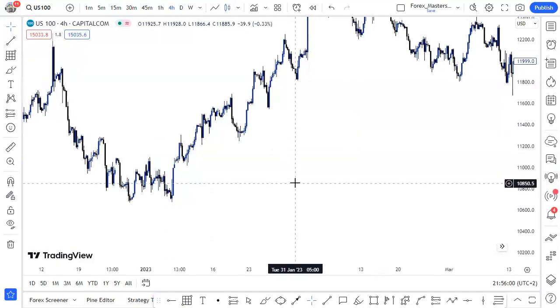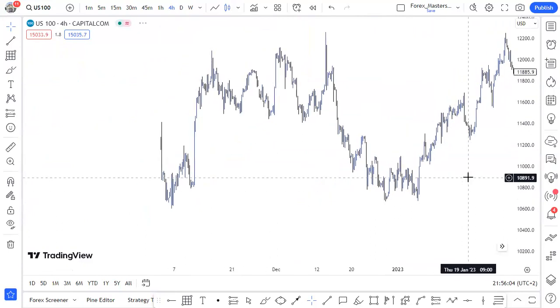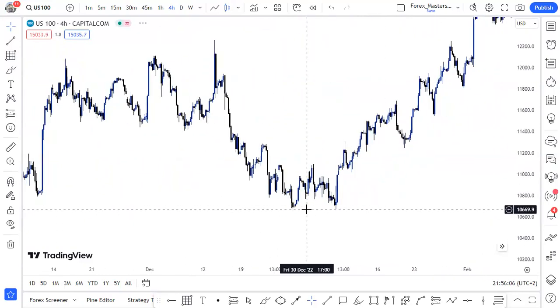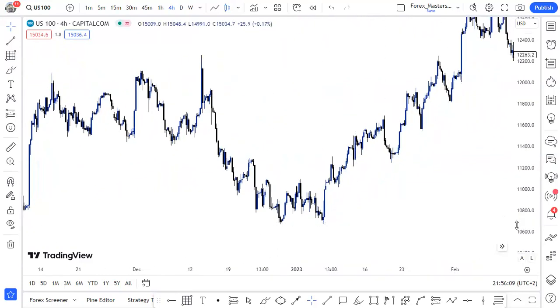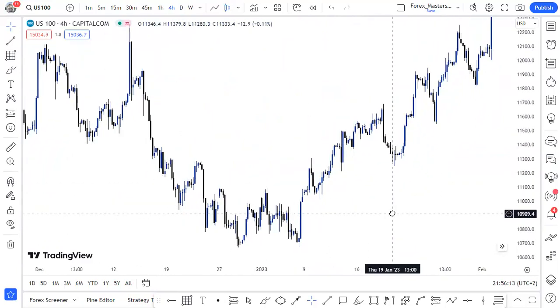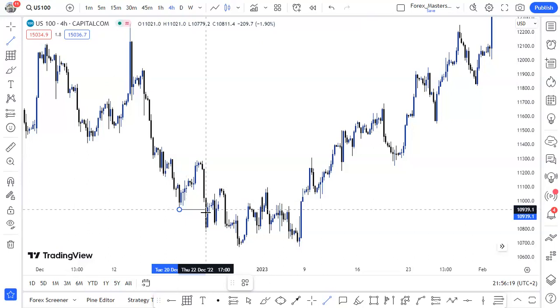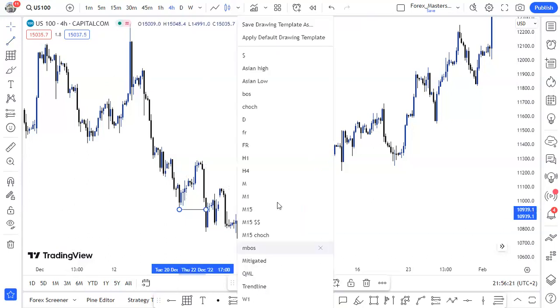Okay. So let's say this is an uptrend market. On 4 hours, what we can see right here is that we have been bearish. So we're going to begin from here. We broke structure right here on 4 hours.